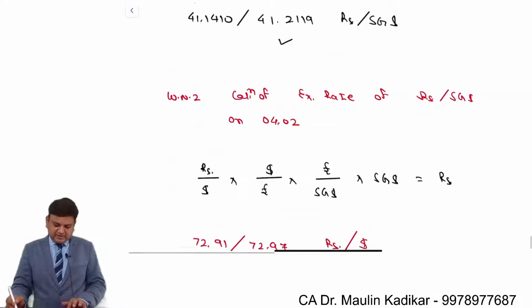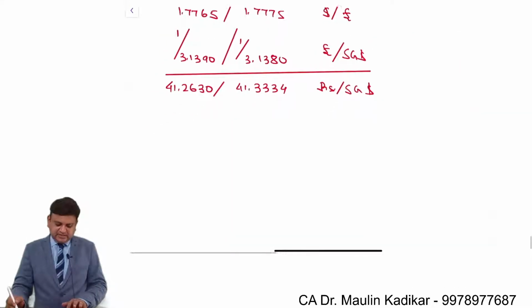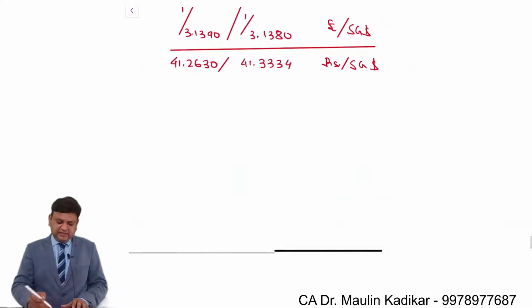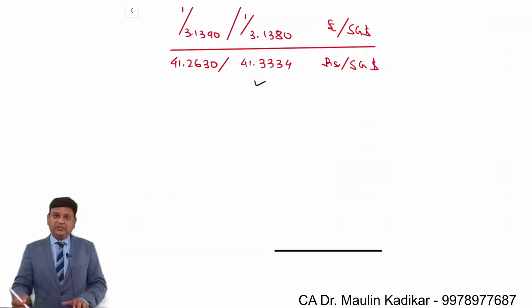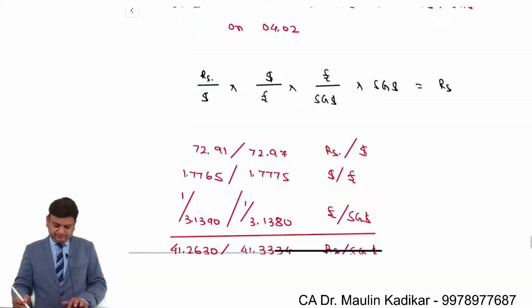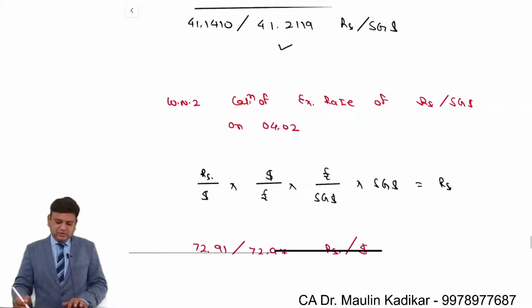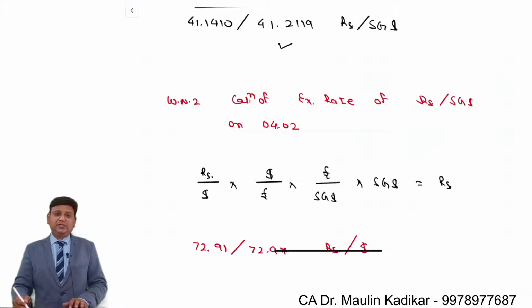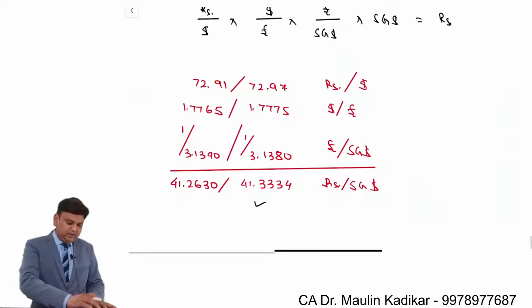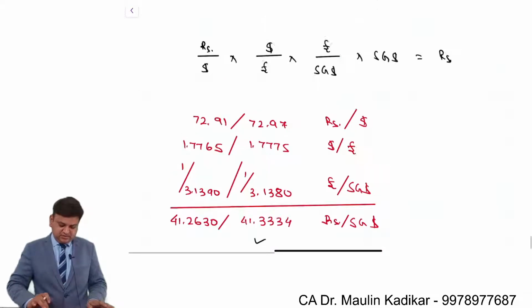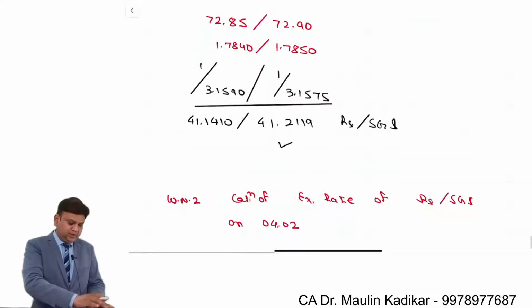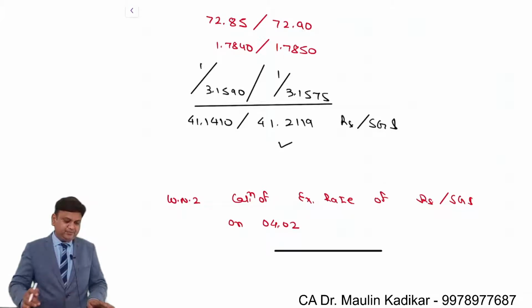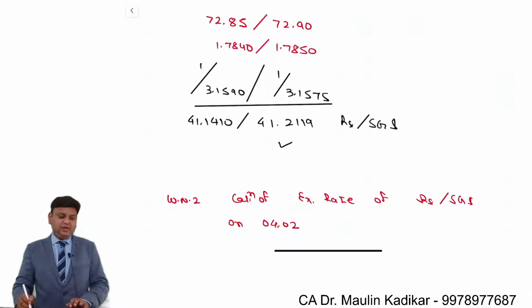So friends, over here we understand that we are going to purchase Singapore dollar at the rate of 41.334. So we can see that the purchasing of the Singapore dollar is becoming expensive. So 0.3334 minus 0.2119. So it is becoming expensive by 12.15 paise.